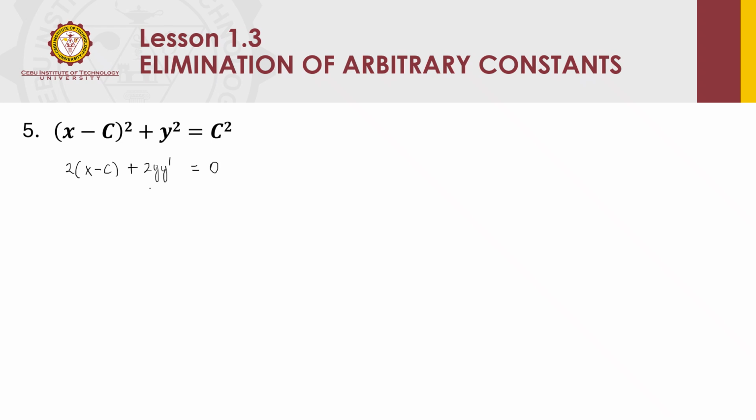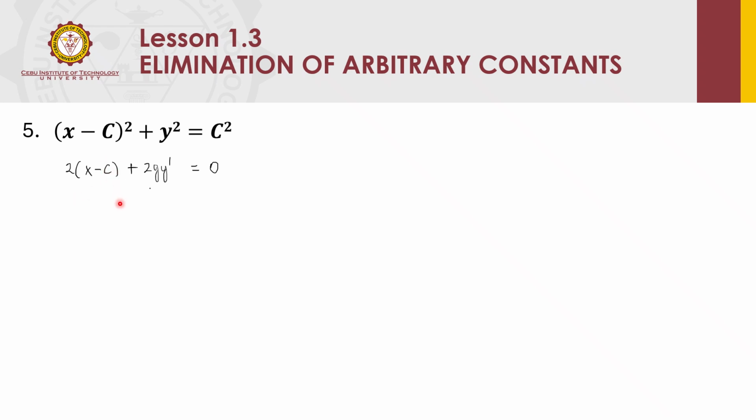So if we're going to solve for y prime, we have one term containing the arbitrary constant. So this is not the final answer because it does not comply with one of the requirements. The differential equation should be free of arbitrary constants.